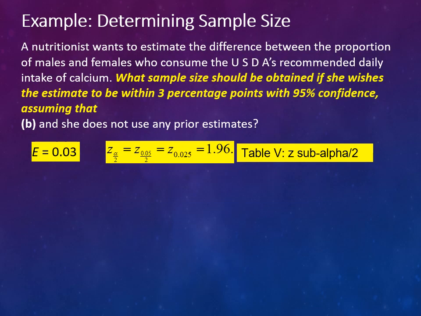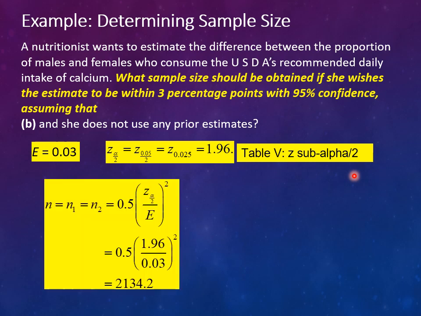What happens if she doesn't have any prior estimates? Well, again, we still have the same variables. It's the same problem. Our error rate is 0.03, our z alpha over 2, etc. And so now all we do is we multiply that z alpha over 2 divided by the error rate, squared, times 1/2.